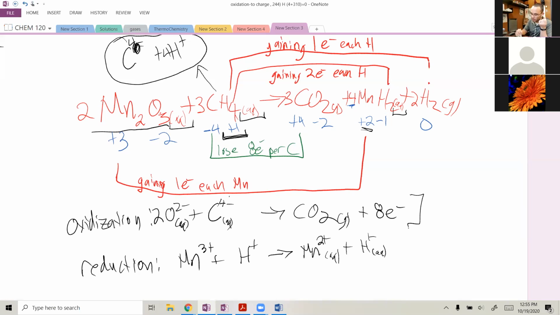So looking for carbon going into CO2, that's why we have to have 2 oxygens, because that CO2, if we make 1 molecule of it, it still needs 2 oxygens. Later on, we're going to balance them based on how many electrons get transferred.